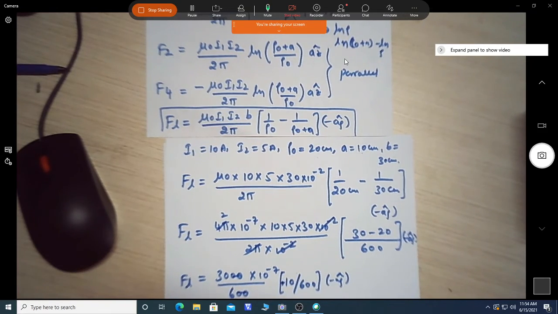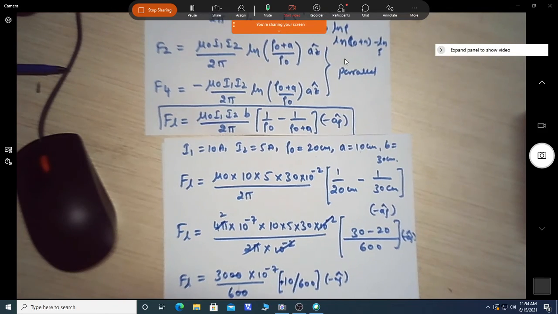So we can calculate the value, and we will get that force. That is the force we will get from this.